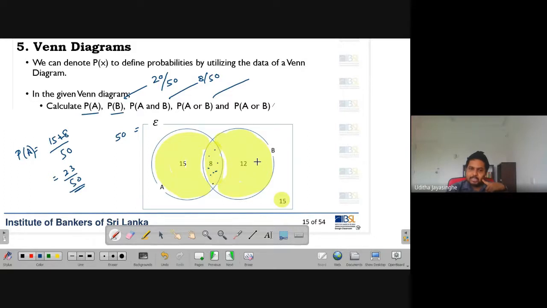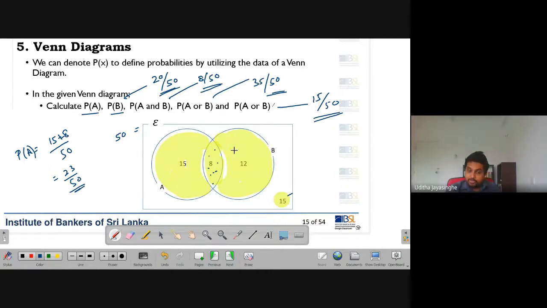Either I can add up these things or I can take 50 minus 15. 35 divided by 50. If I add it up also, 20 here, 15 here, 35. P(A∪B) complement, this value, 15 divided by 50. See, it's all about defining your areas separately.